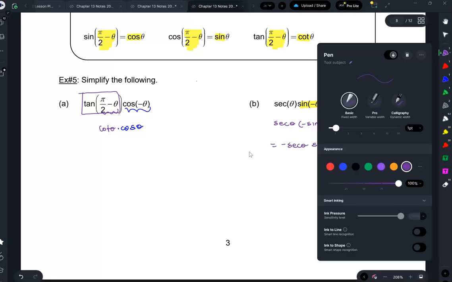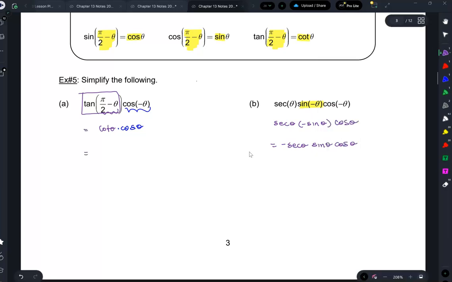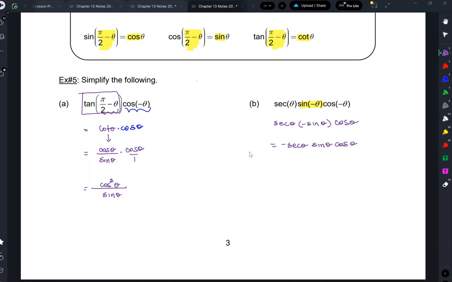So in this case, the cotangent can be written as cosine theta over sine theta. And then this is times cosine theta. And we know that's over 1. So this will be cosine squared theta over sine theta.